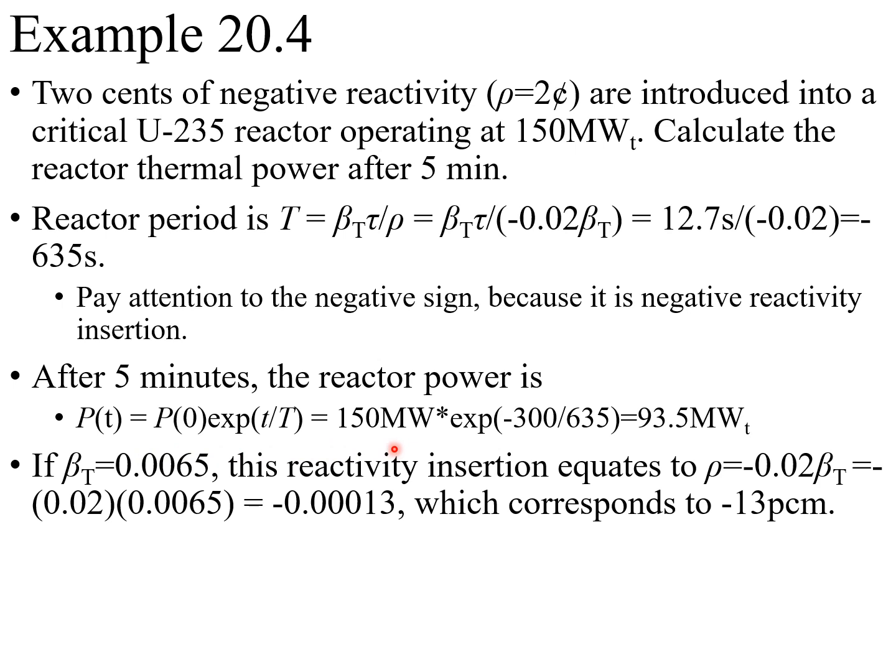After 5 minutes, we have the P0, that is 150 megawatt initial reactor power, times e to the negative 300, because that's 5 minutes, so 5 times 60, you get 300, over negative 635 seconds. So we get 93.5 megawatt thermal. So it means that you have a negative reactivity insertion, so the reactor power is decreasing. After 5 minutes, the reactor power is reduced to 93.5 megawatt thermal.